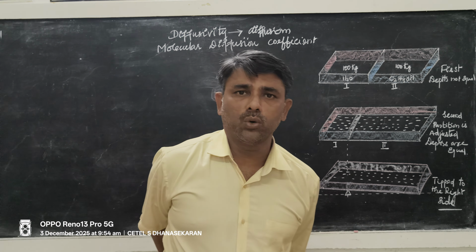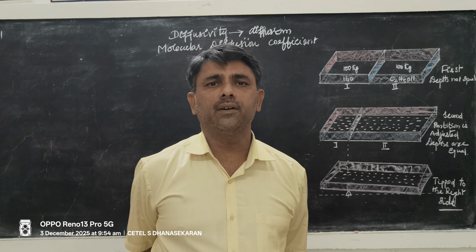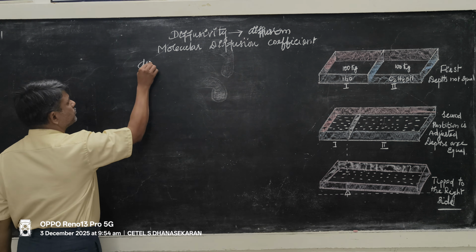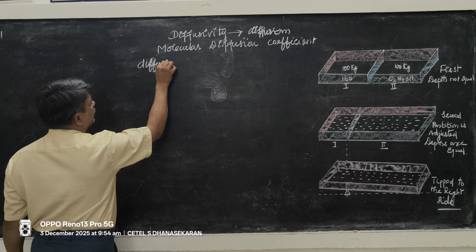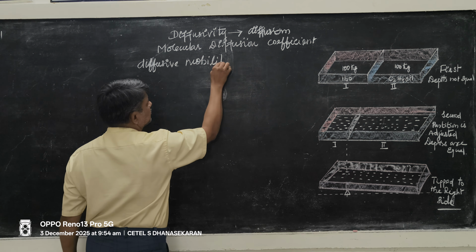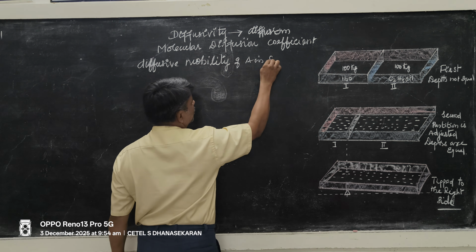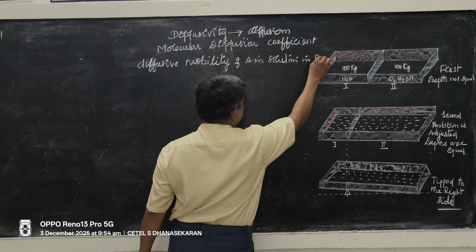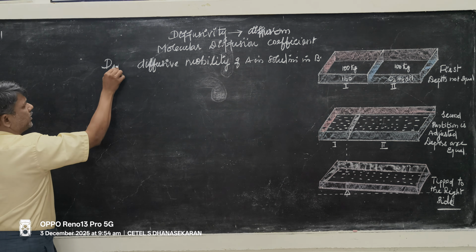Diffusivity or diffusion coefficient is the diffusive mobility of component A in solution in B. That is represented by the notation DAB.